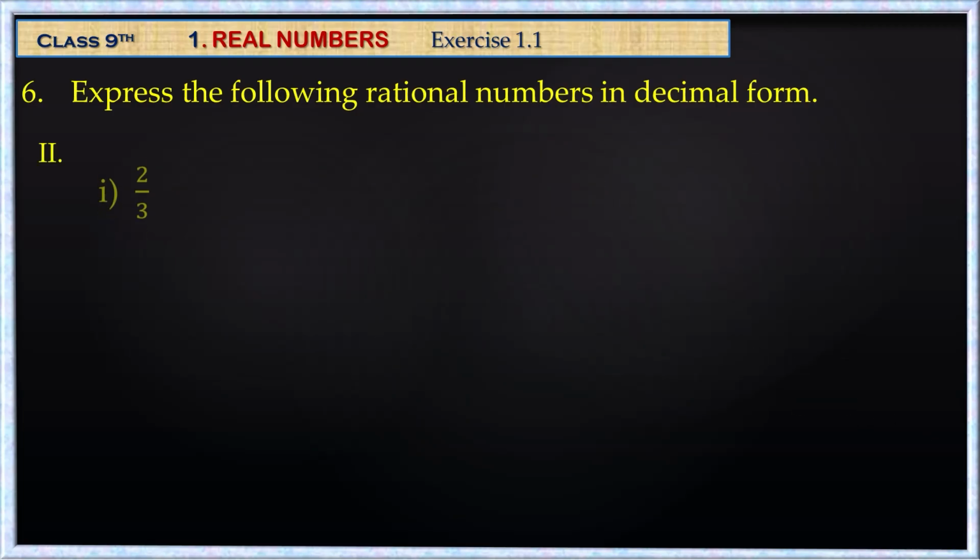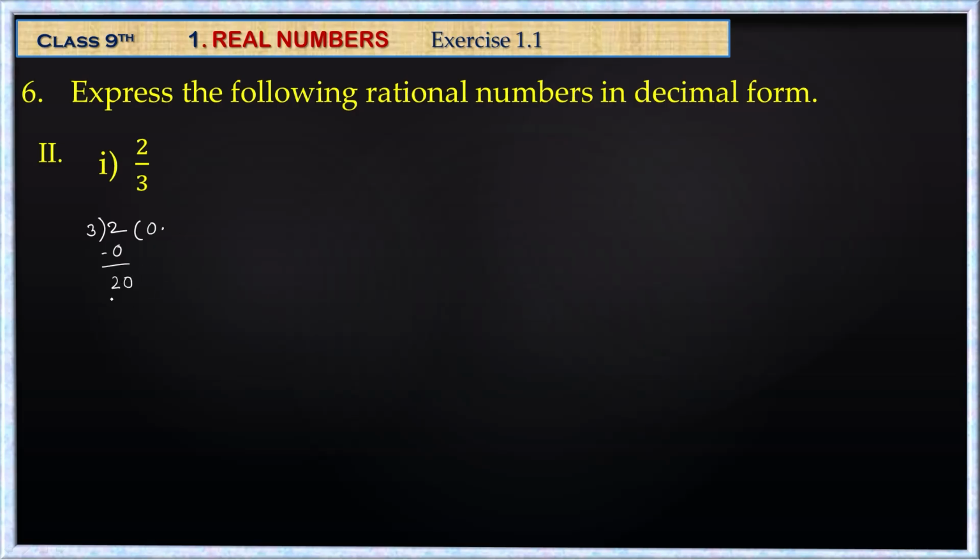Next one, 2 by 3. Here the denominator 3 cannot be expressed as a multiple of 10 or 100 or 1000. So we have to divide the numerator directly by the denominator to get the decimal form. So divide 2 by 3. 3 zeros are 0. 2 minus 0 is 2 only. Now take a decimal point.